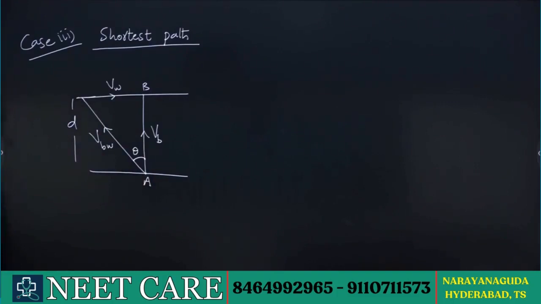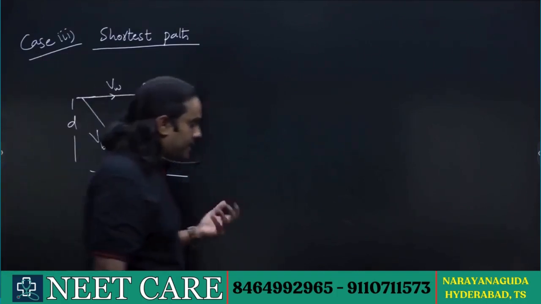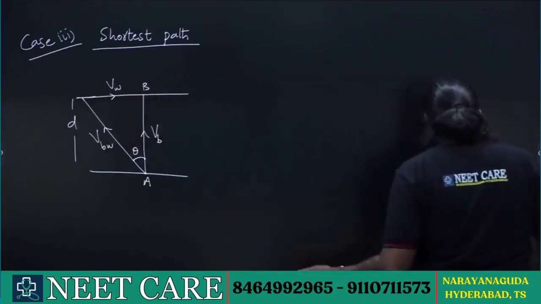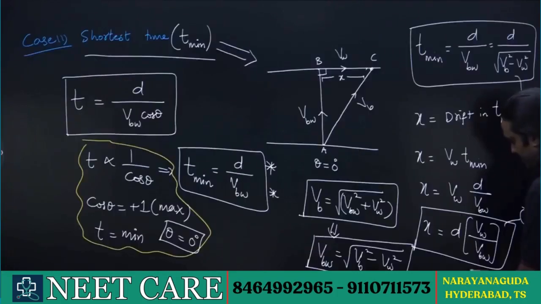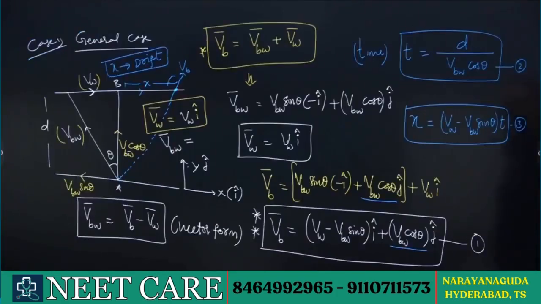Here the task is shortest path. Let us analyze from here. I'll go to the previous slide. See, here in the general case we got x equal to (VW minus VBW sin theta) into t. Is it or not? And this x is the lateral displacement due to the flow of water.